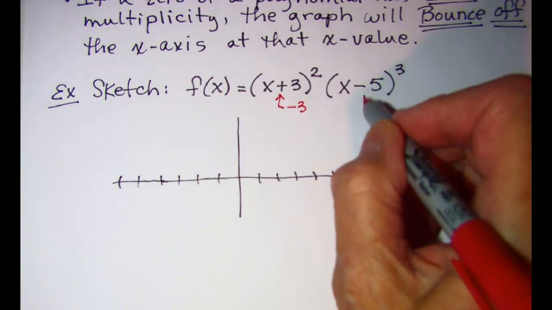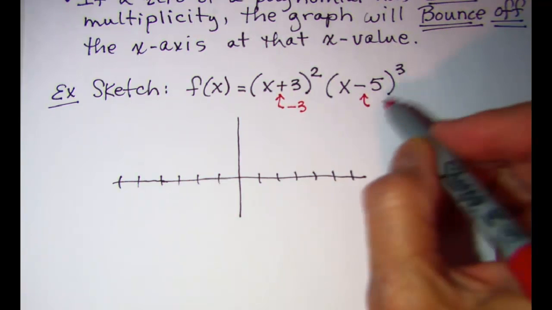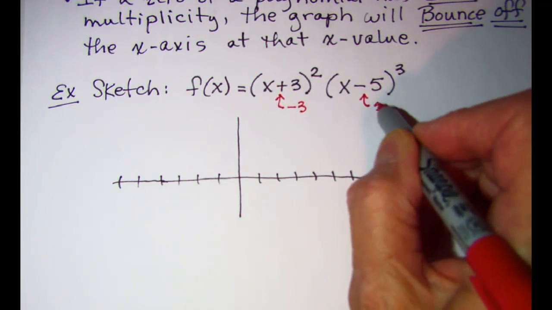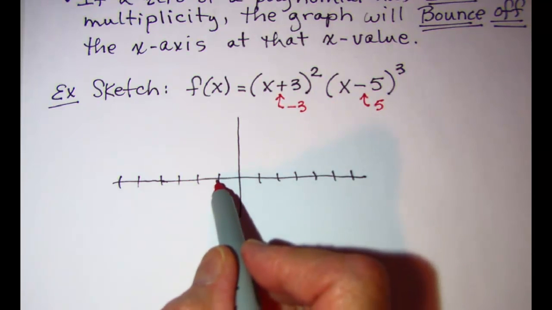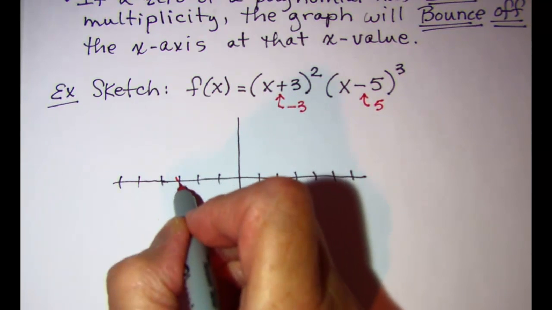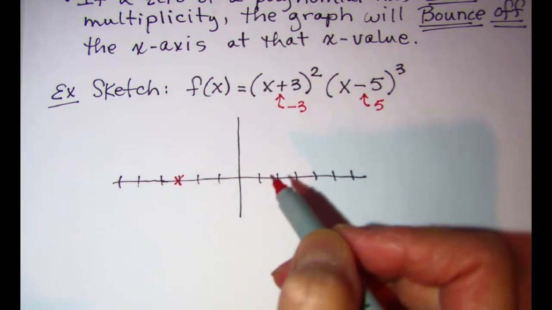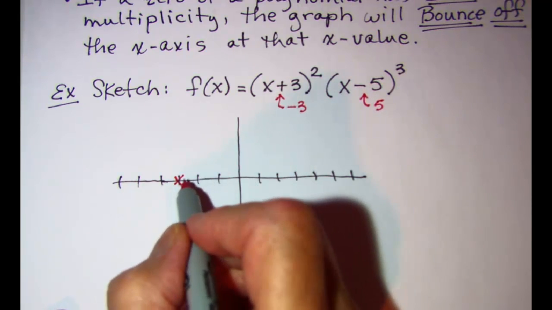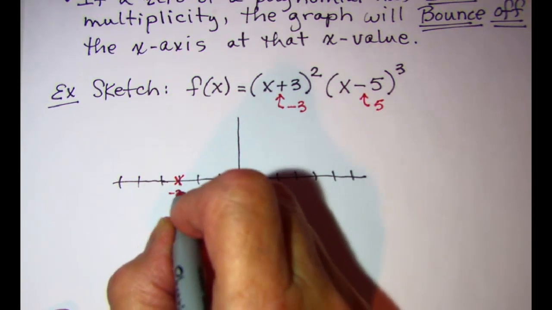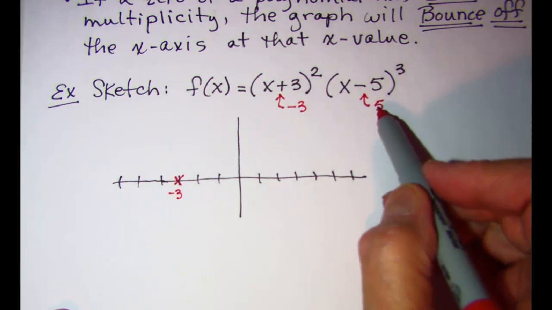And on this one, our zero is 5. So that means that our graph is going to do something here at negative 3 and then also at 5.